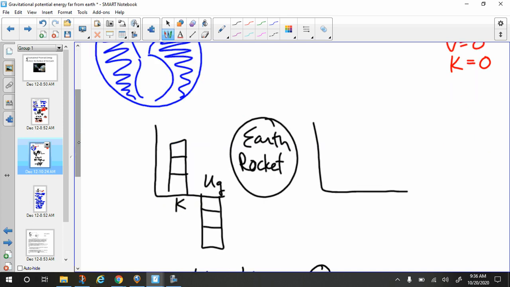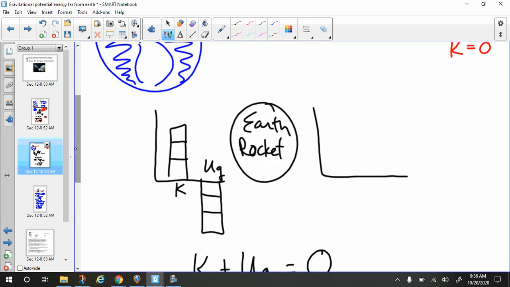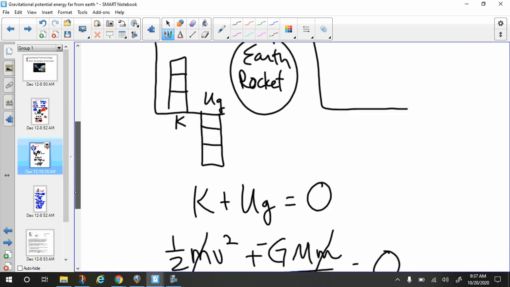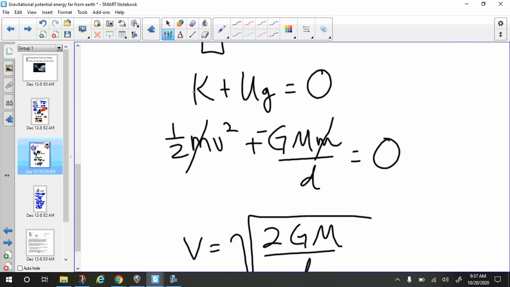So let's draw our LOL diagram. So we start off and we have negative gravitational potential energy because we're on the surface of the Earth. If we give a kinetic energy equal to that gravitational potential energy, then we can end up with 0 energy, which is what we're looking for. So we say gravitational potential energy plus kinetic energy equals 0.